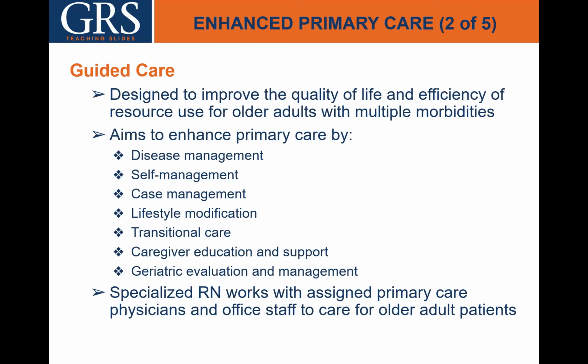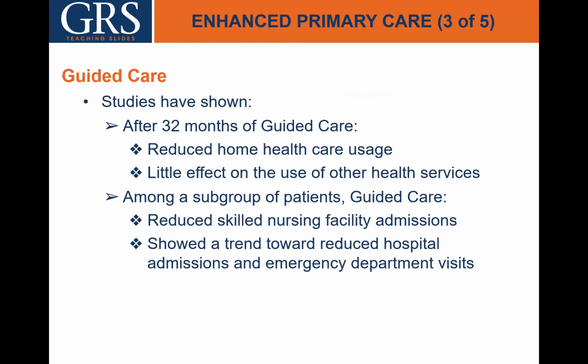It's designed to improve the quality of life and the efficiency of resource use for older patients with multiple morbidities. It aims to enhance primary care, and there's a specialized team to take care of the patient, including the RN, PCP, and office staff. So actually it's a small team.